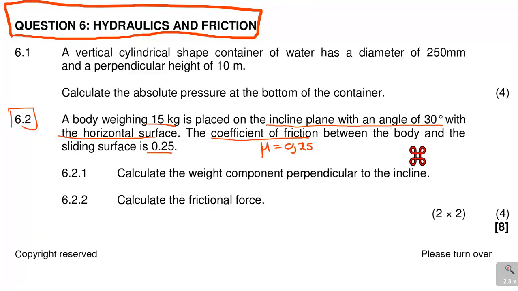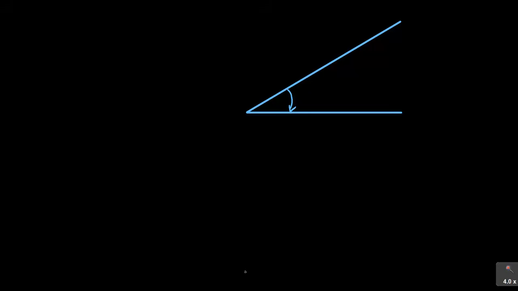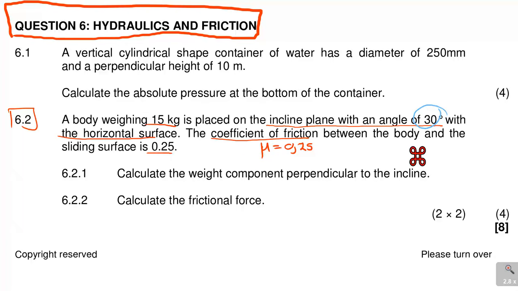So you have an inclined plane like that. This inclined plane has an angle, and they are saying the angle of the inclined plane is 30 degrees. You can see that part there is 30 degrees. So you have an inclined plane of 30 degrees, and then it says a body weighing 15 kg.